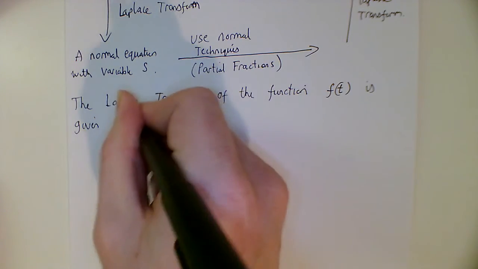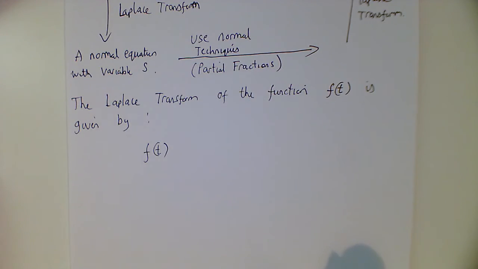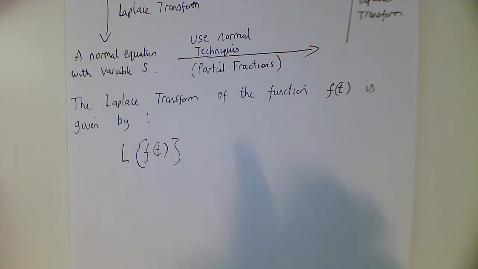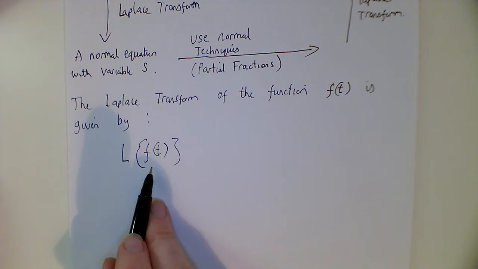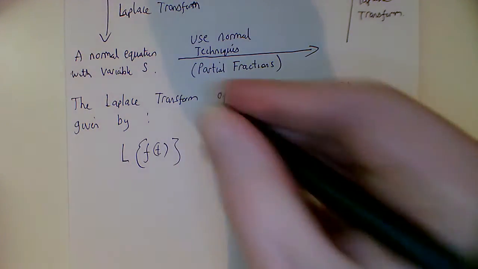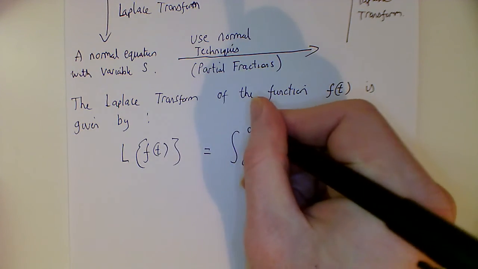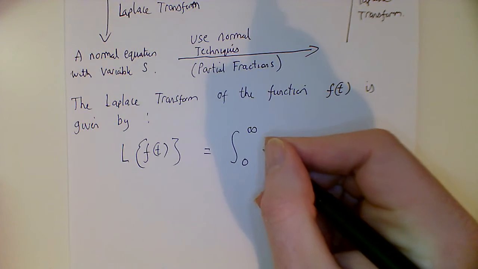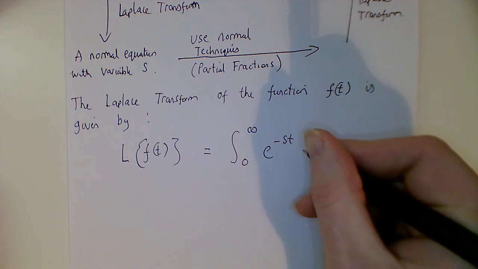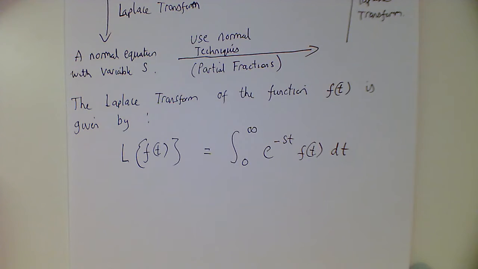It is given by, so if you've got f of t, and you do the Laplace transform to it, it's a capital L, so that means the Laplace transform, curly brackets, f of t. And the formula for that is the integral between 0 and infinity of e to the power of negative st multiplied by f of t dt.